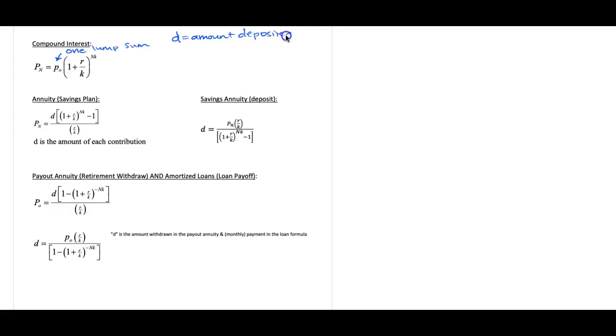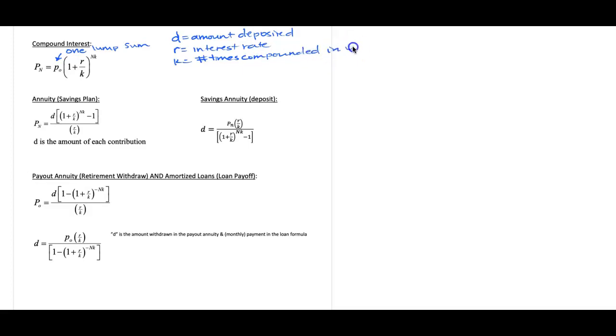So amount deposited, and then R is the interest rate, and K is the number of times compounded in 1 year.